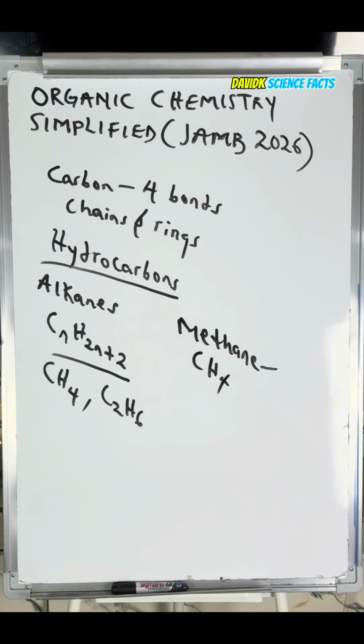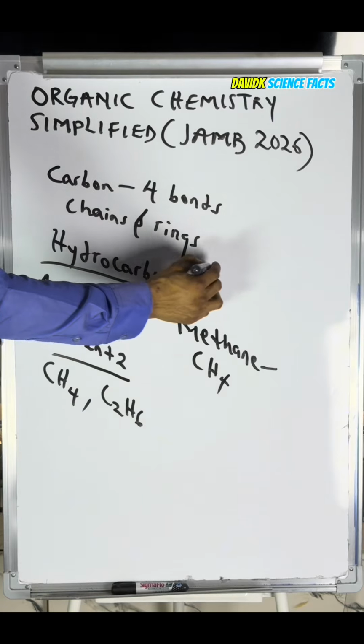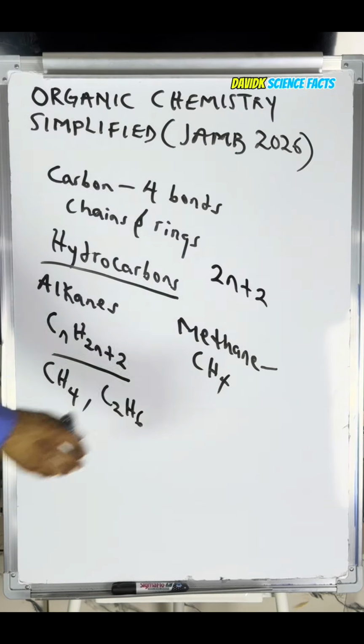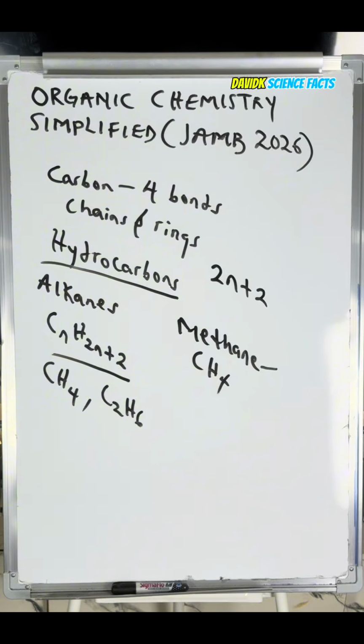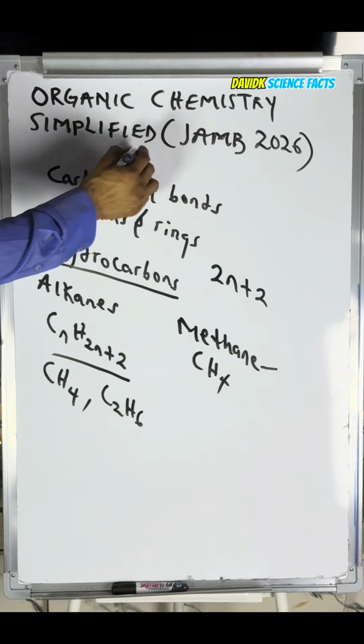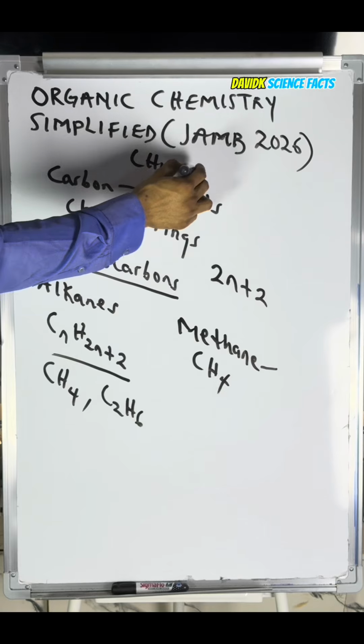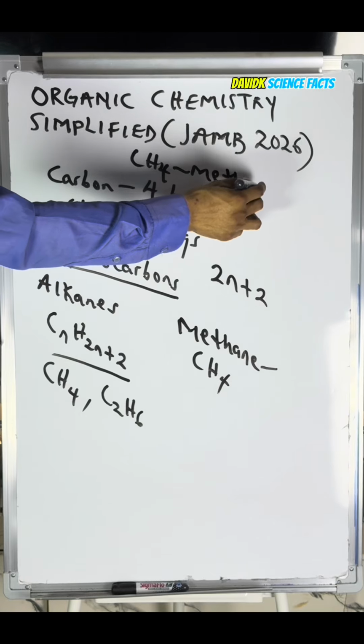It is the simplest alkane. It follows the formula 2n+2, so it has only single bonds. Take note, CH4 is methane.